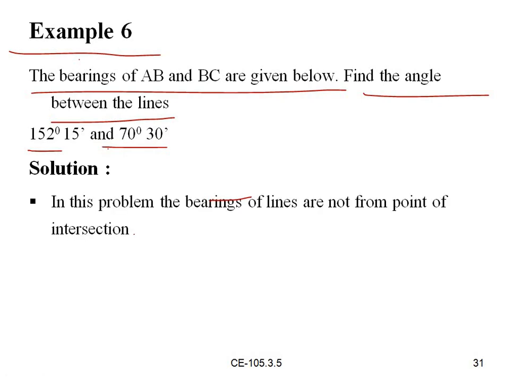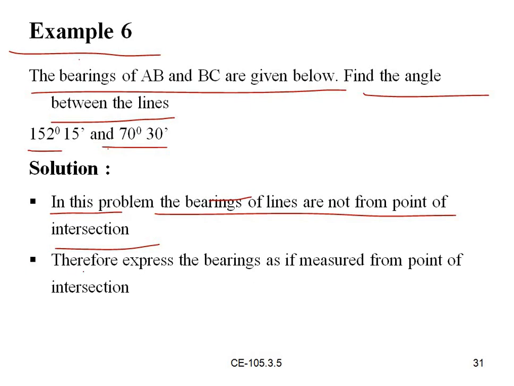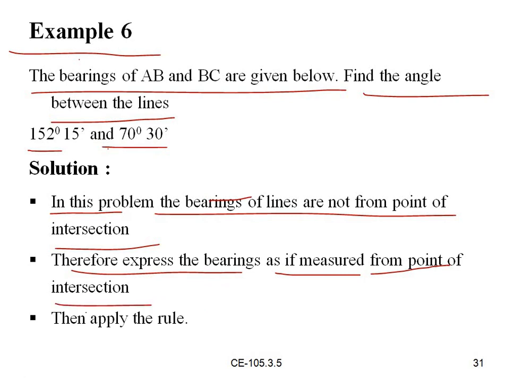Solution. In this problem, the bearings of the lines are not from the point of intersection. Therefore, express the bearings as if measured from the point of intersection. Then apply the rule.